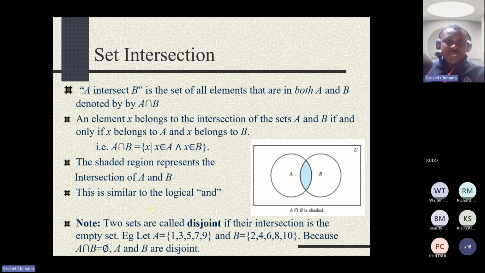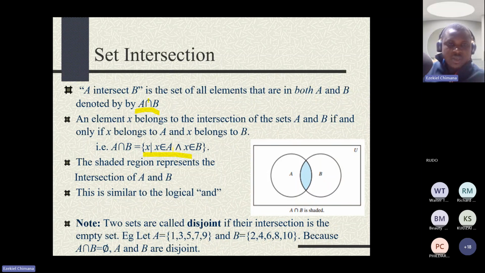So let's talk about the intersection, the set intersection. It's the set of all elements that are in both A and B, denoted by A ∩ B, this symbol. So an element X belongs to the intersection of the sets A and B if and only if X belongs to A and X belongs to B. And if you look at that, it's an AND operator.